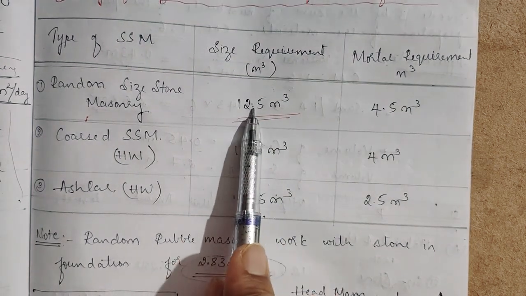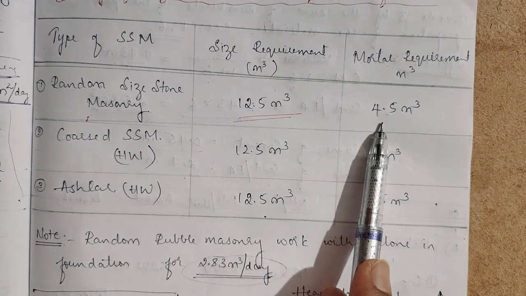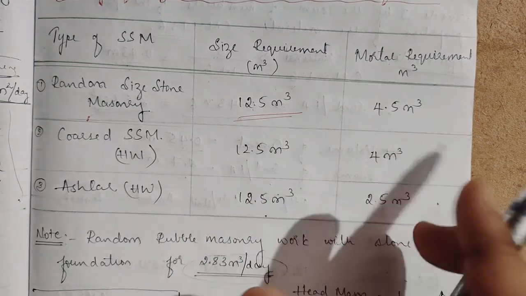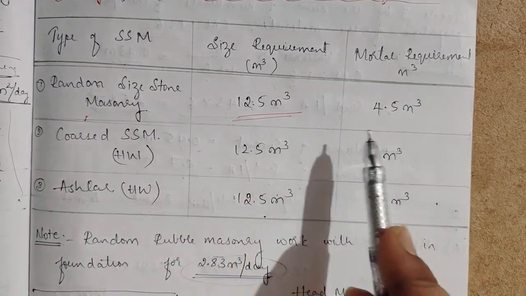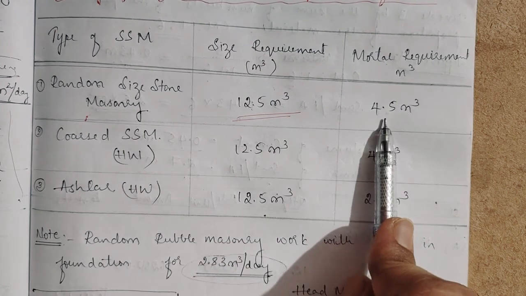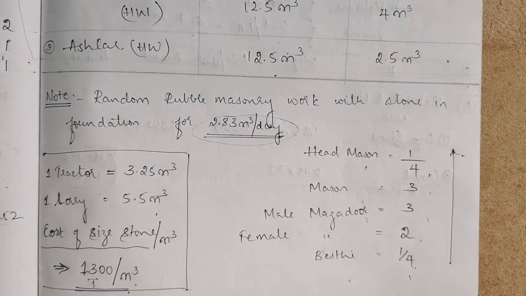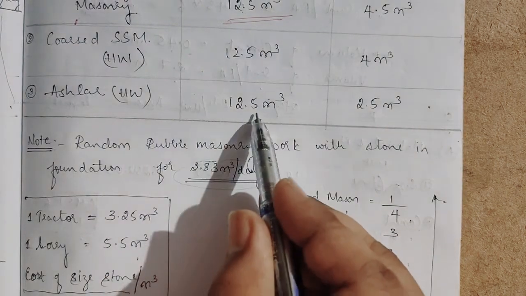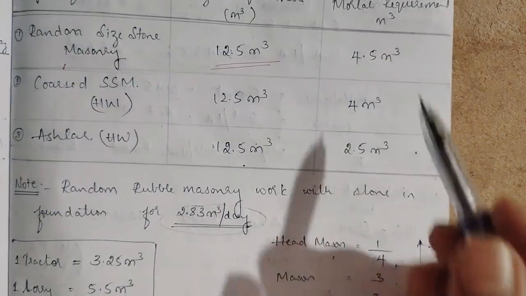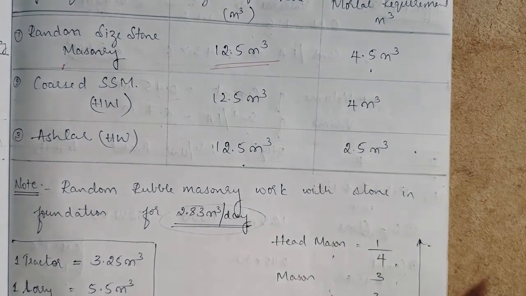For this 12.5 meter cube, what was the mortar requirement? 4.5 meter cube. I already figured it out and gave it to you as a table. Whenever we take size stone masonry in the material and cost tabular column, we directly take 12.5 meter cube, and the volume of mortar will be 4.5 meter cube.